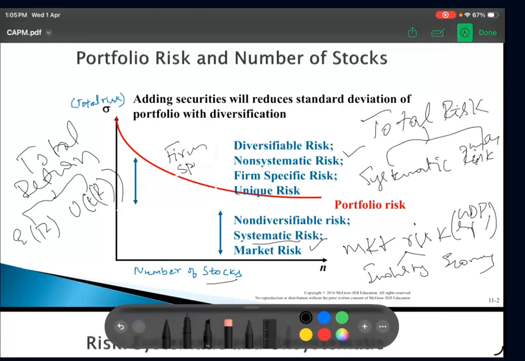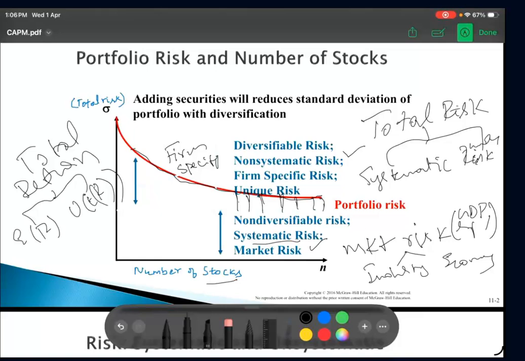If you see this plot, it is drastically reduced, because when you diversify your portfolio, this risk is minimized. It will not be zero, but it will be minimized to a greater extent.